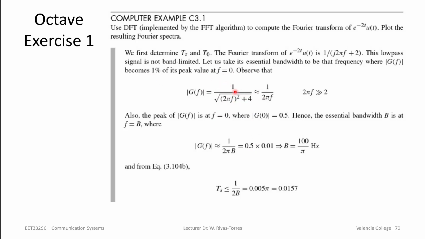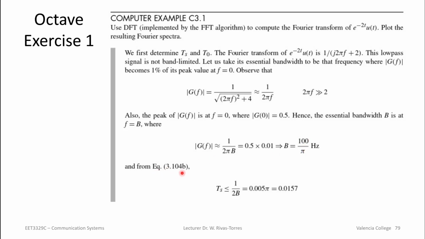If you evaluate this at 0, the f term goes to 0, and you're left with 1 over the square root of 4. Square root of 4 is 2, so you end up with 1 over 2. That's where the 0.5 comes from. So we're going to say 0.5 times 0.01, which is 1% of the value at the frequency at 0. So we end up with a b that equals 100 over pi.